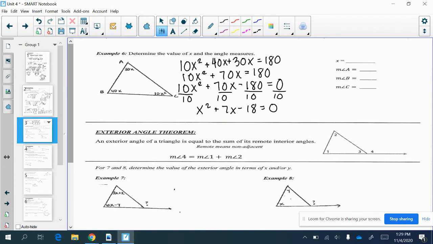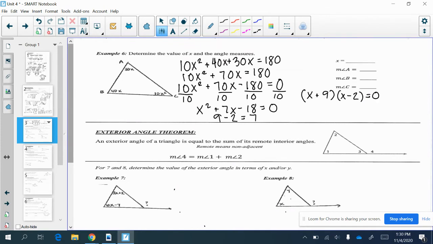So here, 9 minus 2 would give me a positive 7, and 9 times negative 2 would give me a negative 18. So we're good there. So x plus 9 times x minus 2 is equal to 0.